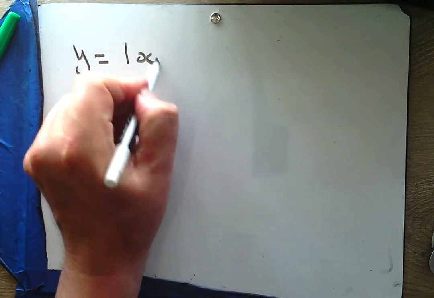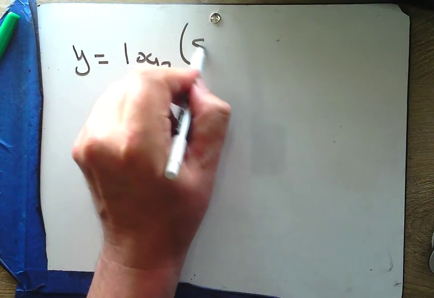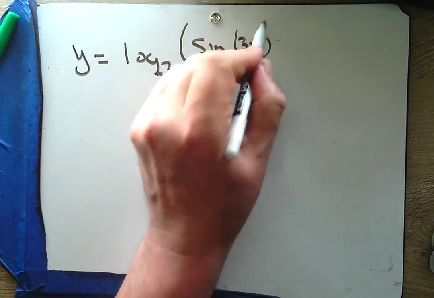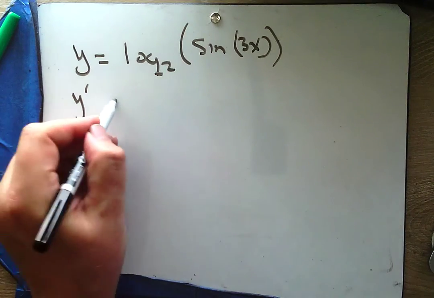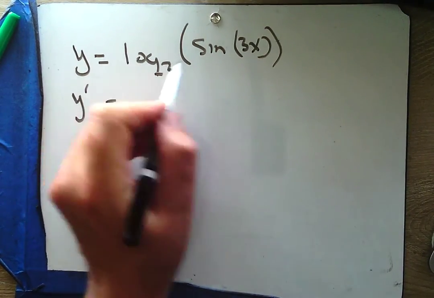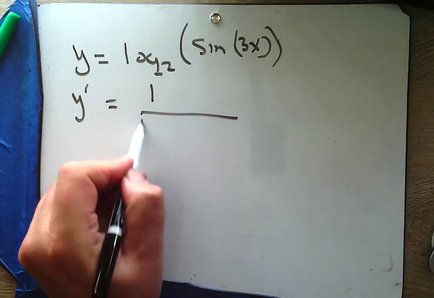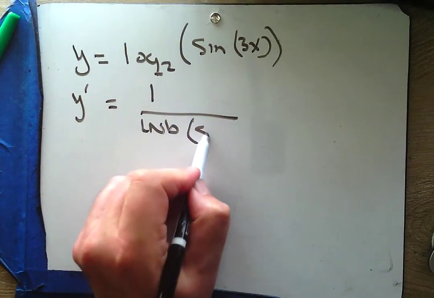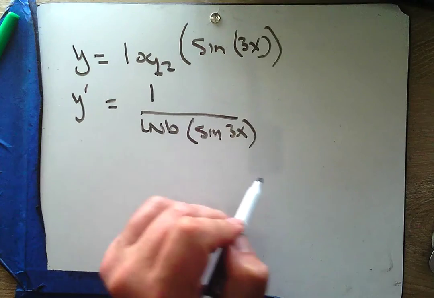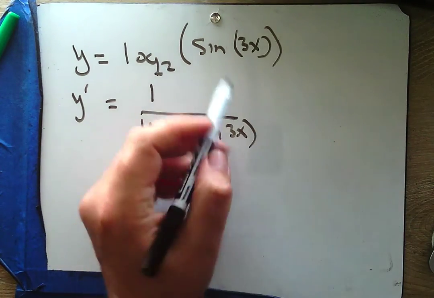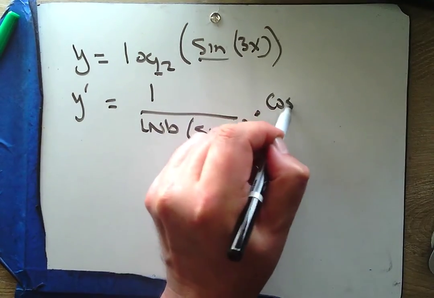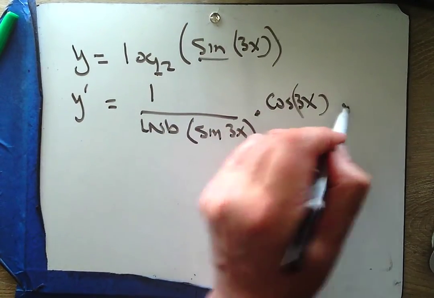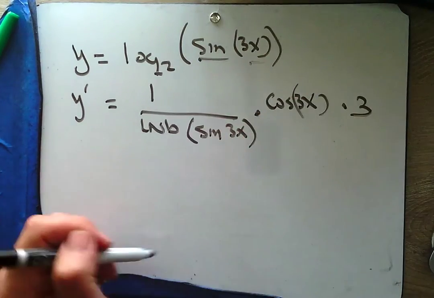Y equals log base 2 of sine of 3x. Please find y prime. Okay, so remember, the derivative of log base b of stuff is 1 over ln of b times stuff, times the derivative of that next inner function, times the derivative of that innermost function.